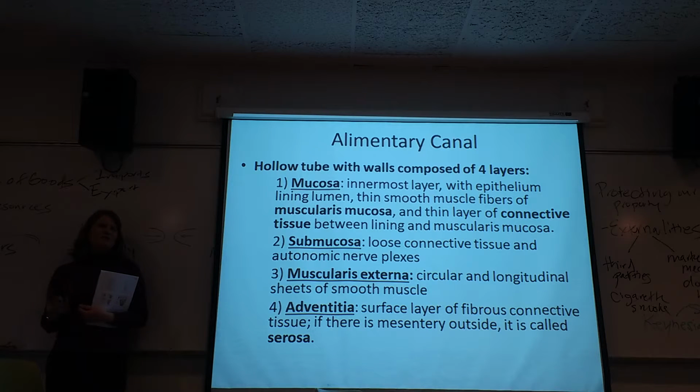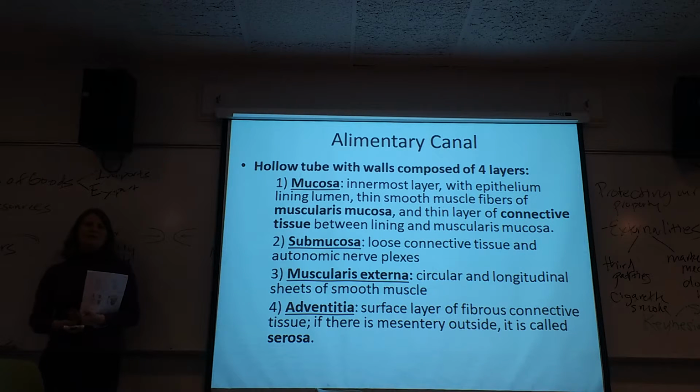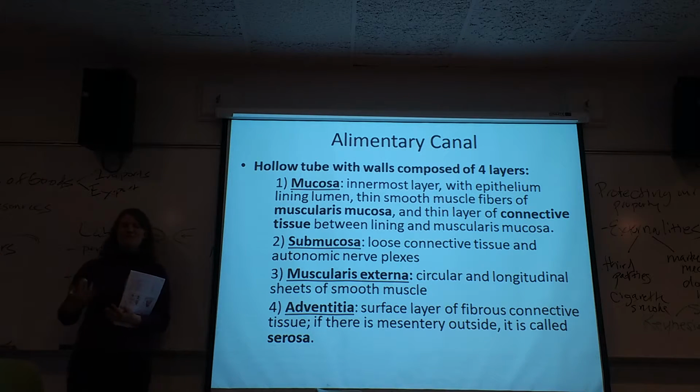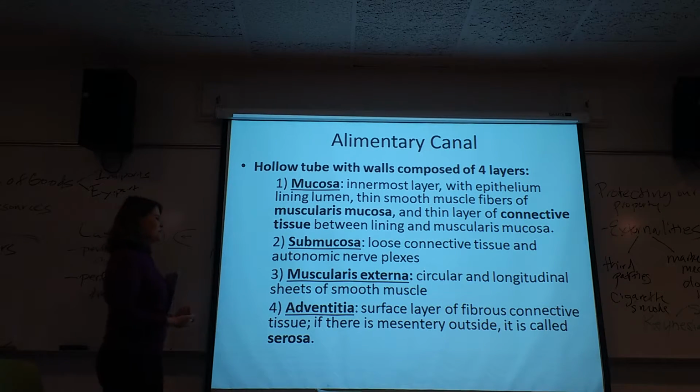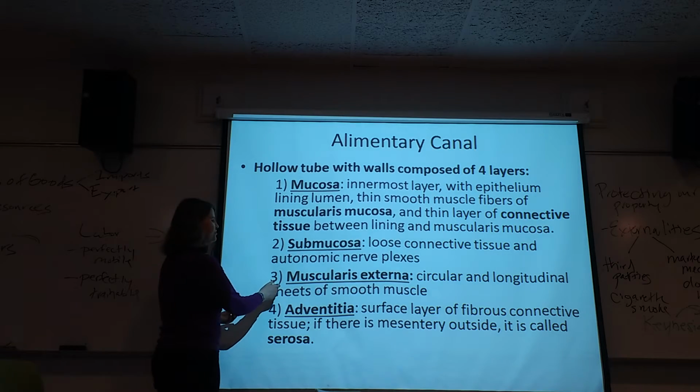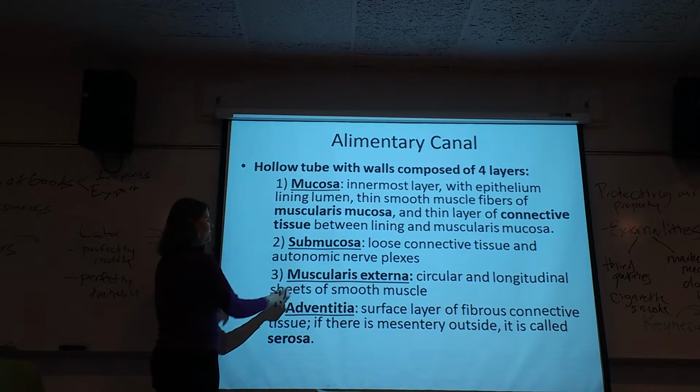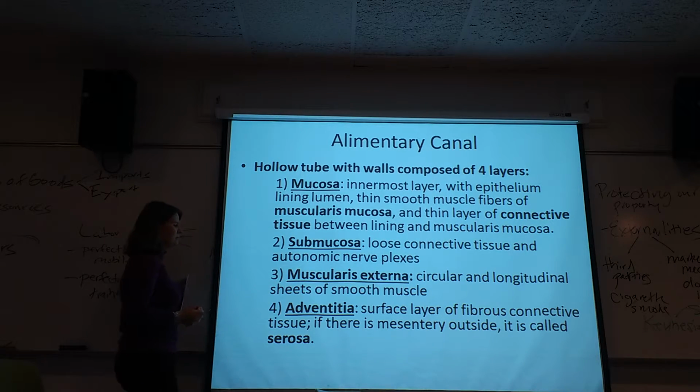So it has an inner circular layer and an outer longitudinal layer. And basically, these are the layers that are responsible for peristalsis. So the waves of muscular contraction that move food through the alimentary canal. So that's the muscularis externa, the outer muscle layer, which controls peristalsis.